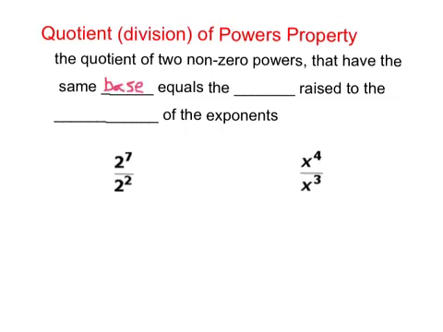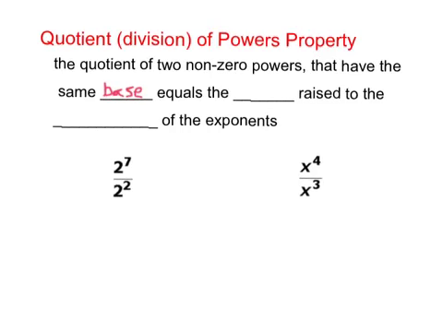So when we're talking about all these properties, all of the properties at this point deal with having the same base. They have to have the same base in order to do anything with these things. So they have the same base, and that's equal to the same base.